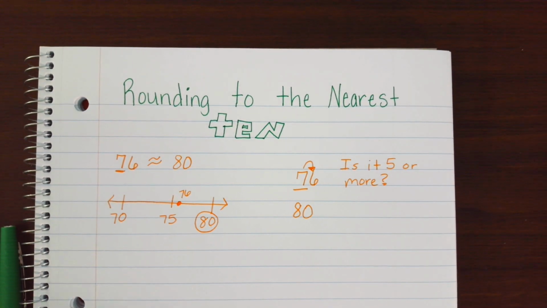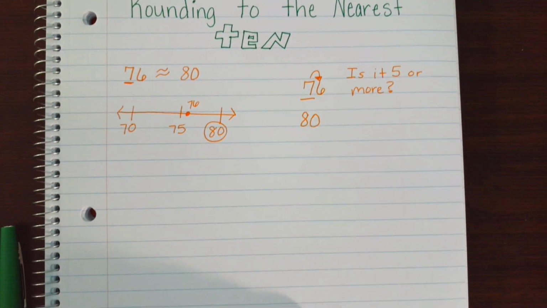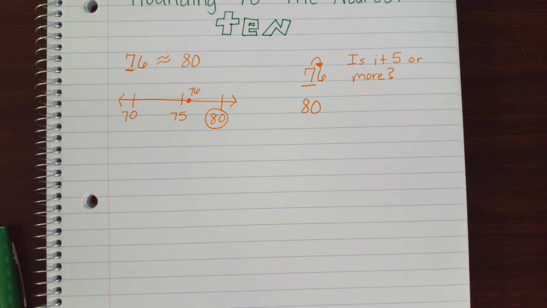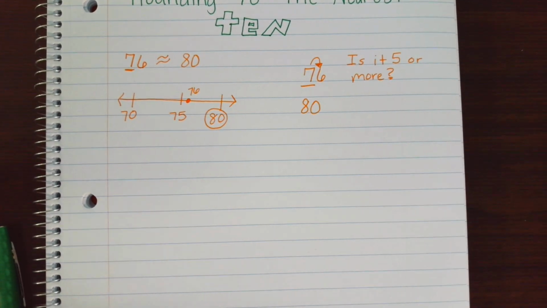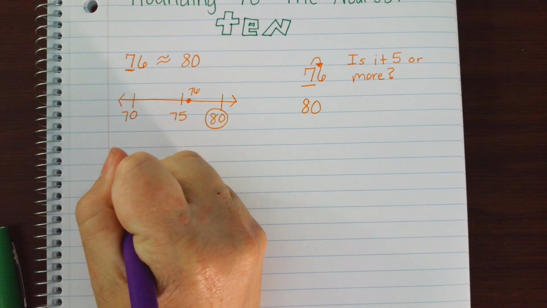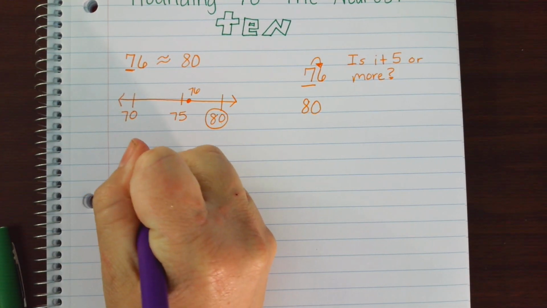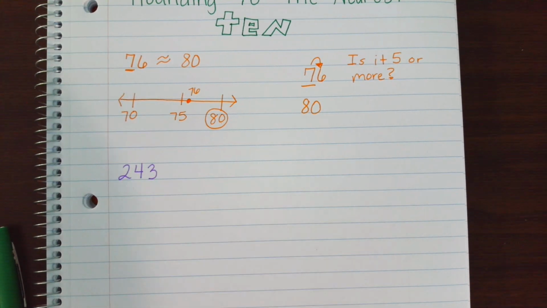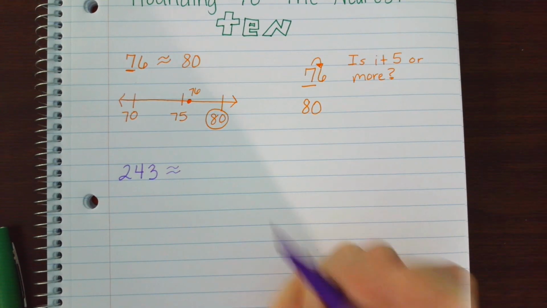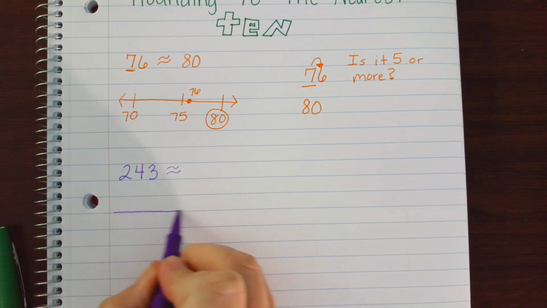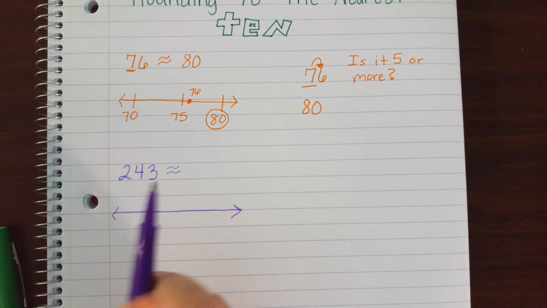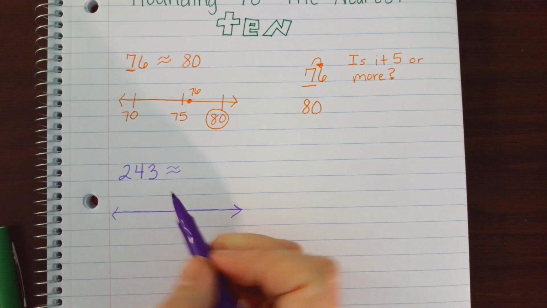The problem we have is when we are dealing with three-digit numbers. So for example, if I use the number 243, and I said round to the nearest 10. Okay, well, we could do the number line if we wanted to, but this is where some students go wrong.